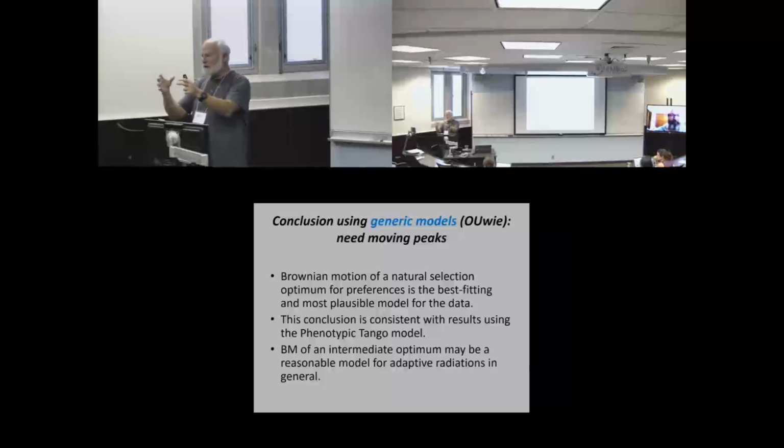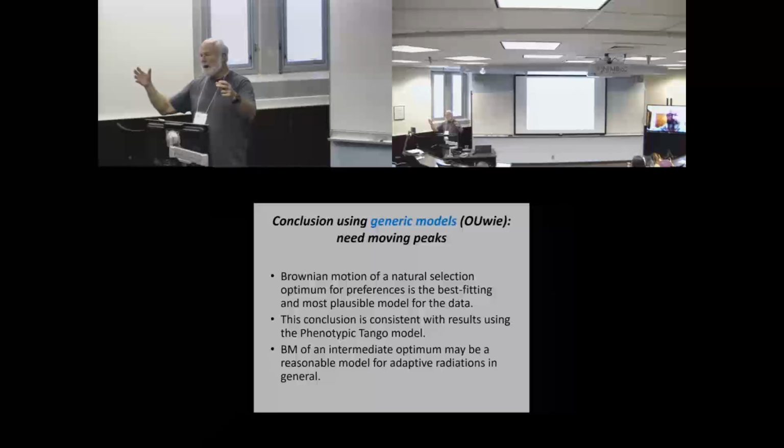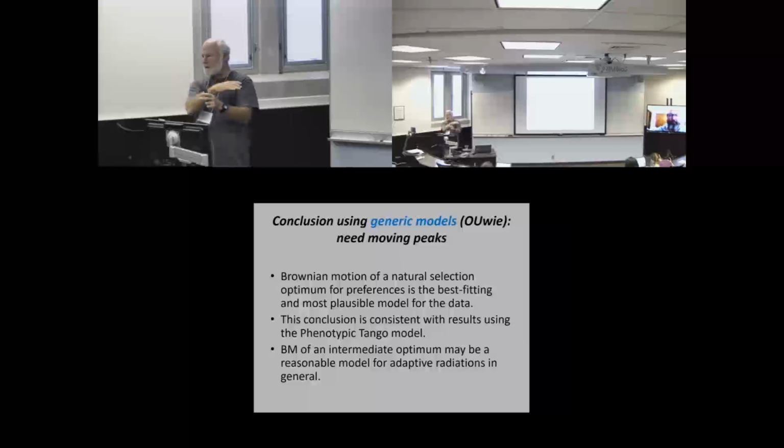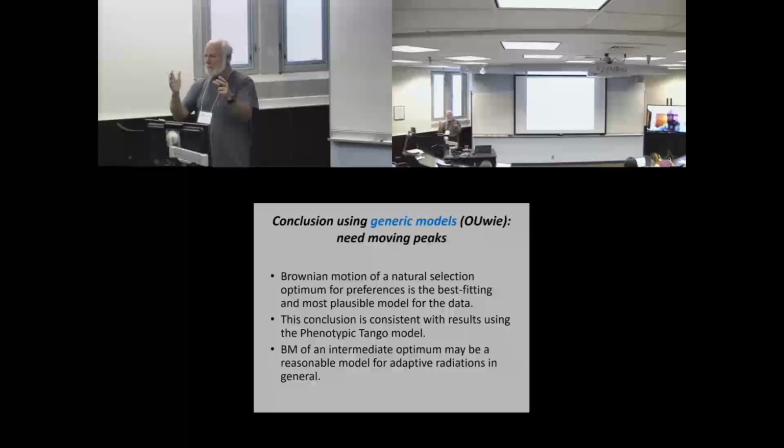But with having private peaks, then you get a radiation by the peaks moving, right? So the movement of peaks and their disposition in trait space starts to look like an ecological problem to me, more than a genetic problem. But it's also consistent with something we found back in the early part of the course, and that is when we looked at beta, which is proportional to your distance from a stabilizing peak, we found that the betas were very close to zero and fell off sharply as you moved away.